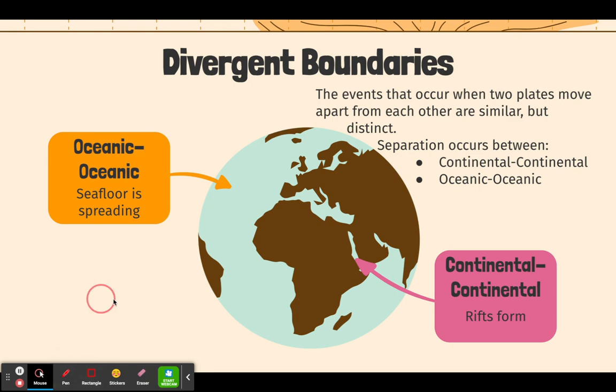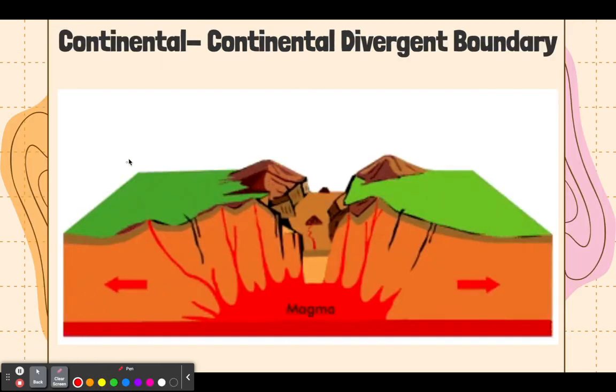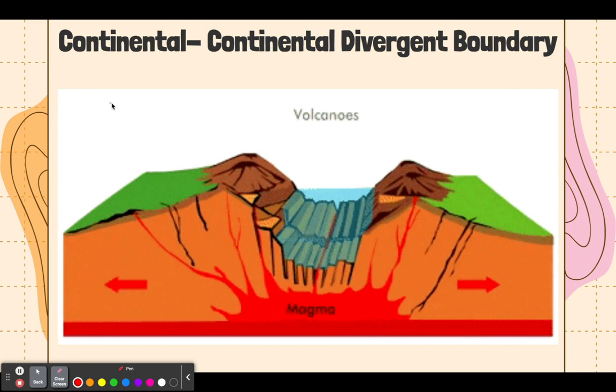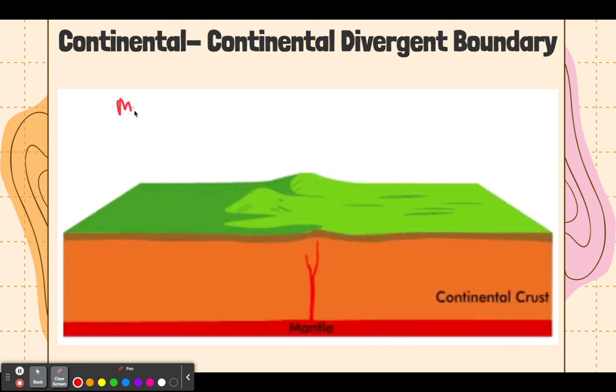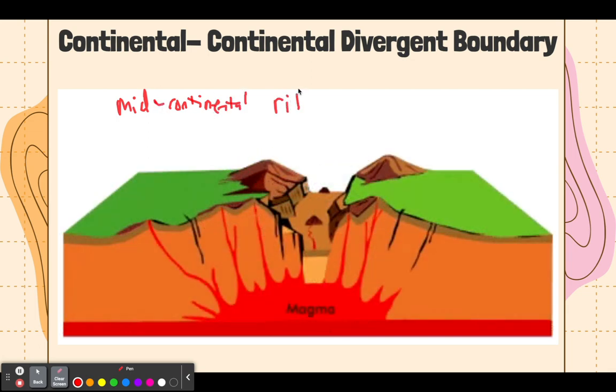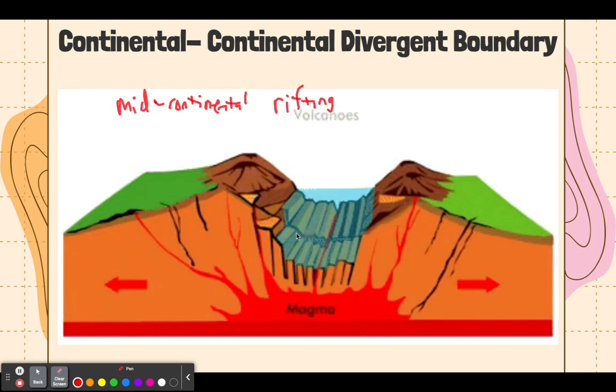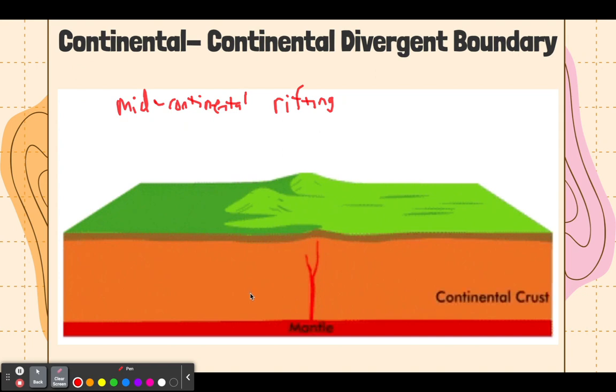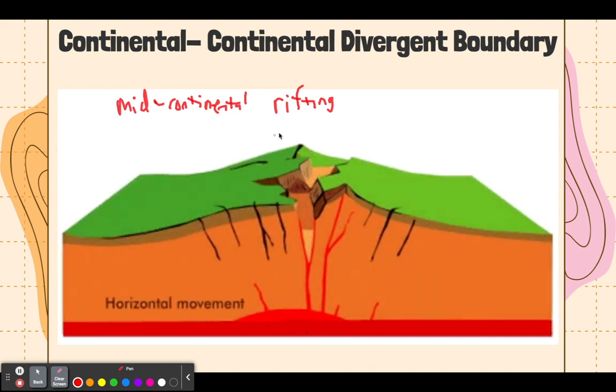Now, on continental plates, the process that is happening here, we call mid-continental rifting. This happens when the plates split apart from each other, and a big valley forms.